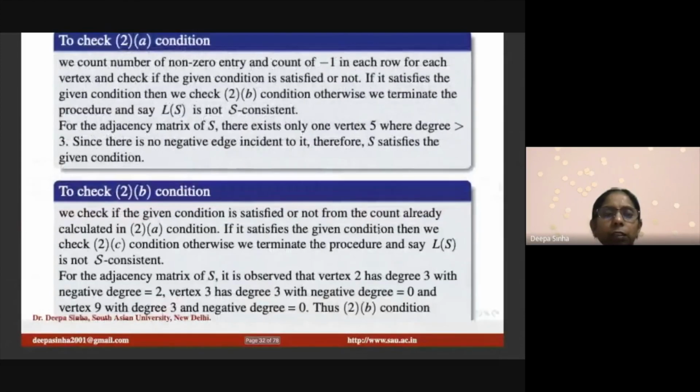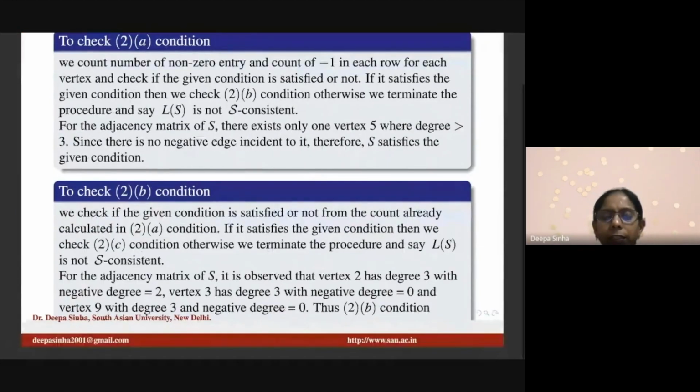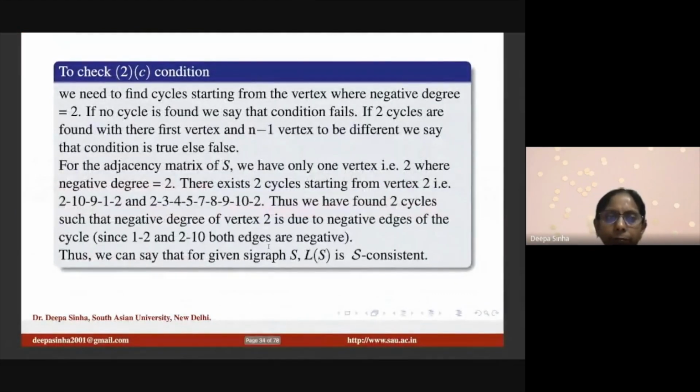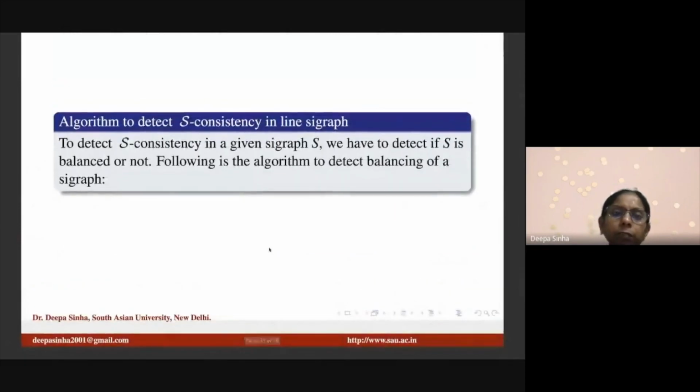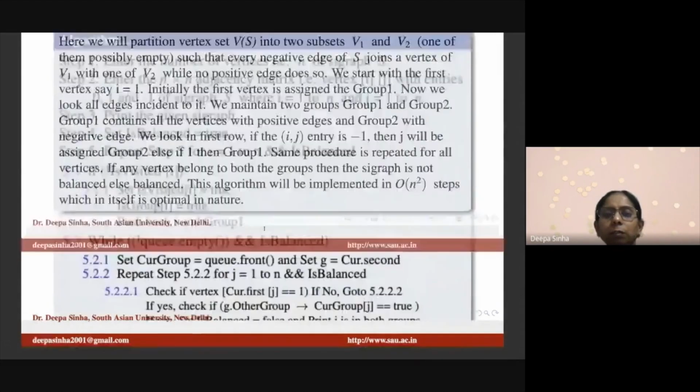So the condition for consistency can be checked. To detect S-consistency of the line sign graph, we need to check the balancing of a sign graph. Balancing can be checked by this algorithm over here.